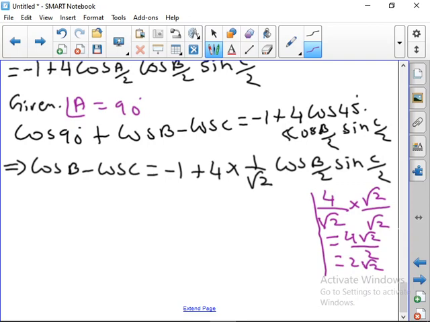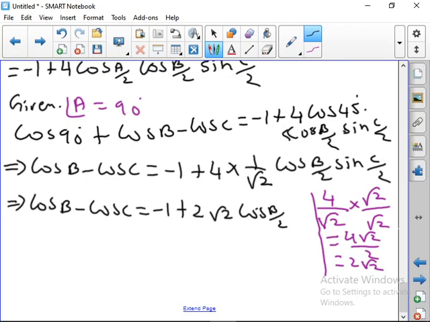So therefore this becomes cos b minus cos c is equal to minus 1 plus 2 root 2 into cos b by 2 into sin c by 2. Hence, we have proved. So, is it clear, students? So, we have completed this exercise.